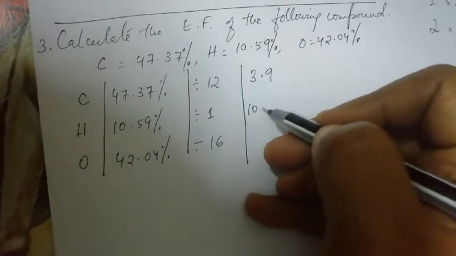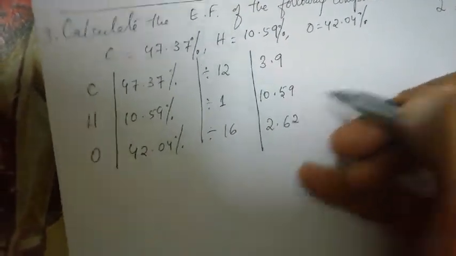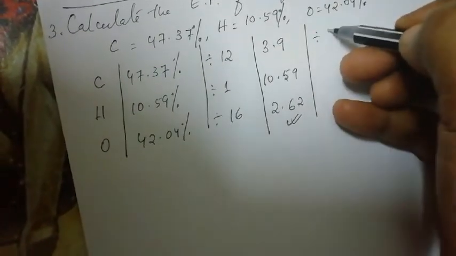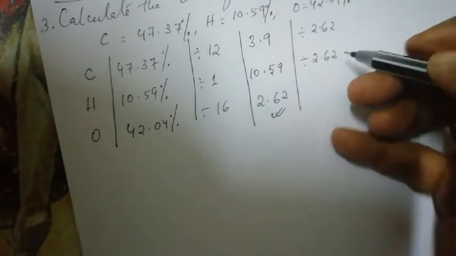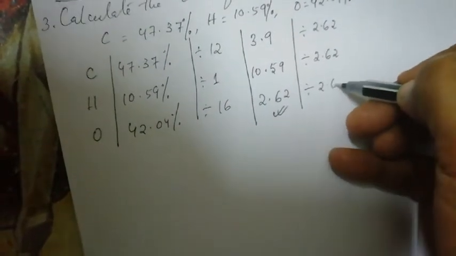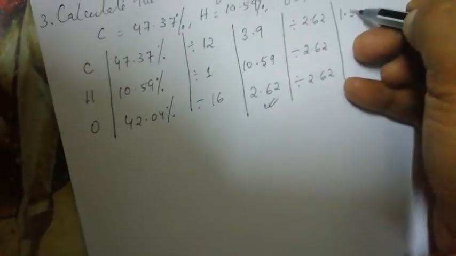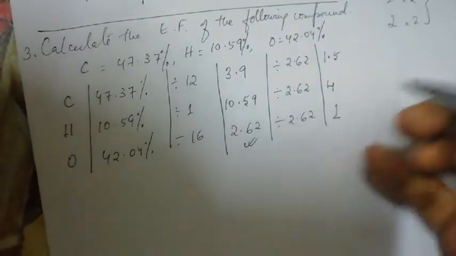Here you get 10.59. Here you get 2.62. Now out of these three, this is the smallest one. So divide all three by 2.62. Now here you will see this comes to 1.5, this comes to 4 and this comes to 1.